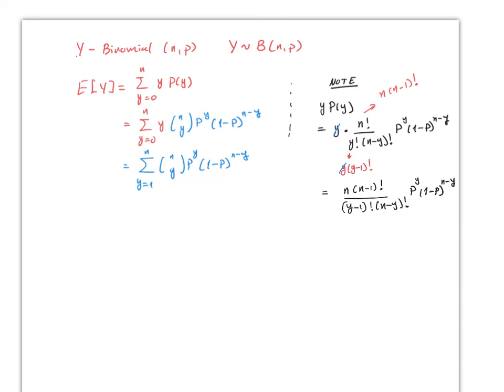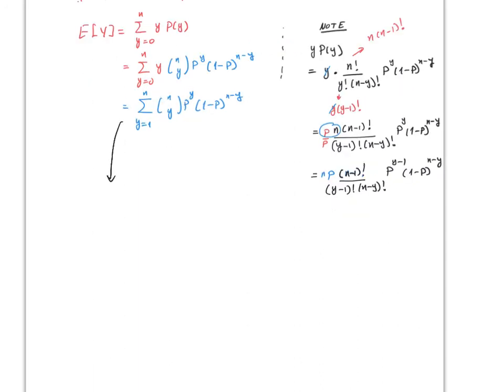Next, you can multiply this by p and divide by p, which means you're multiplying by 1. And that will give you the following. You can take out the np, and then this will be n minus 1 factorial over y minus 1 factorial, n minus y factorial, and then p to the y minus 1, and then 1 minus p to the n minus y.